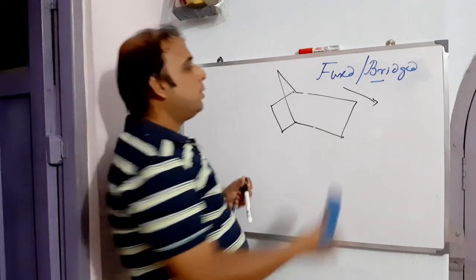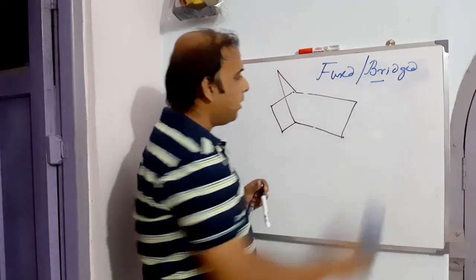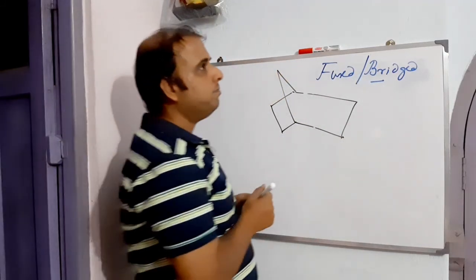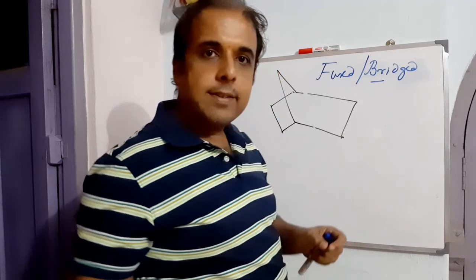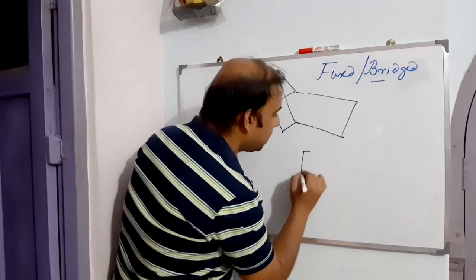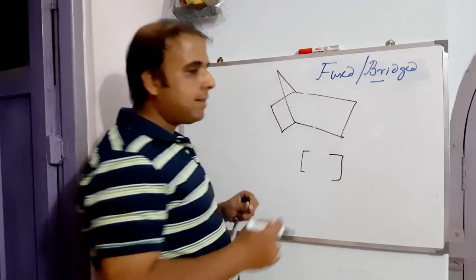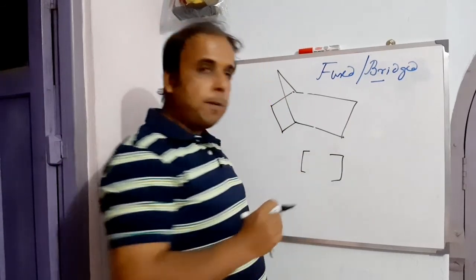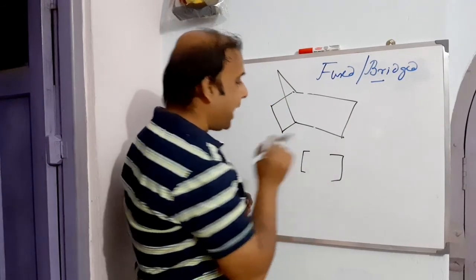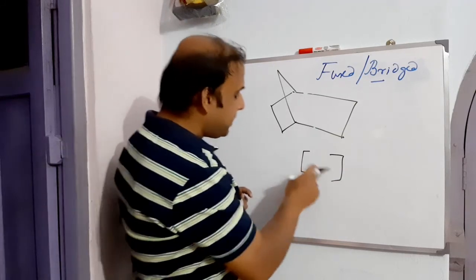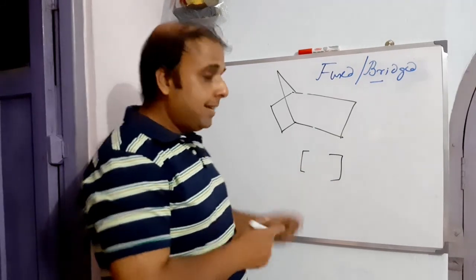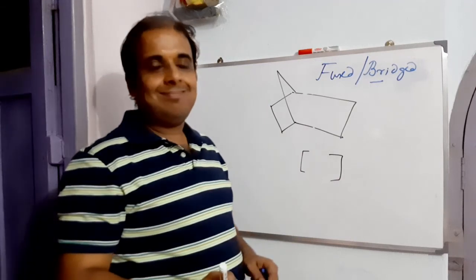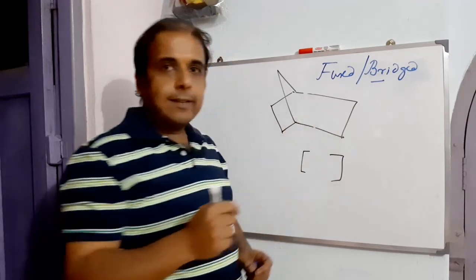Now, coming to this first, what are the rules? First and foremost, you have to put a third bracket. In that bracket, you have to indicate the number of points.